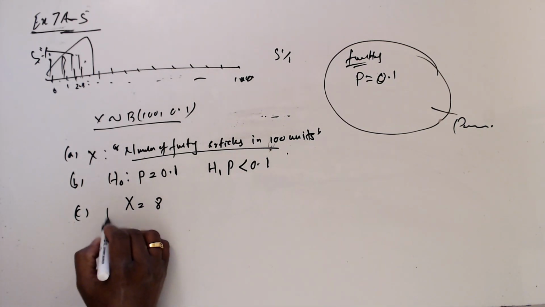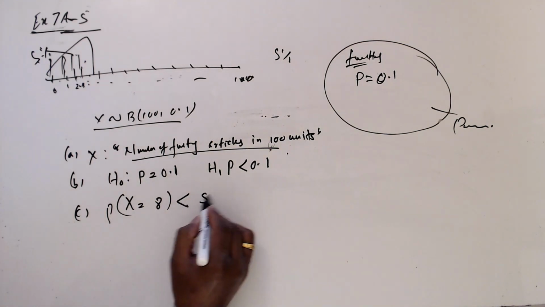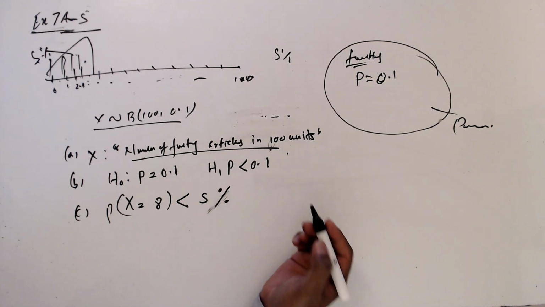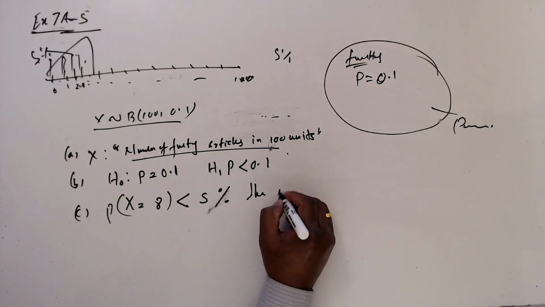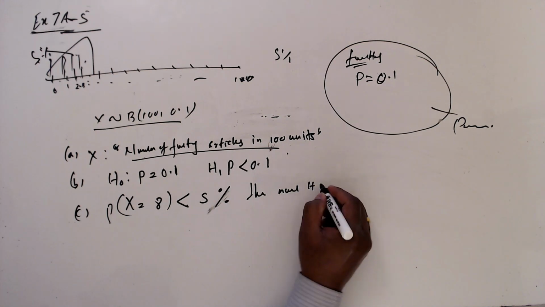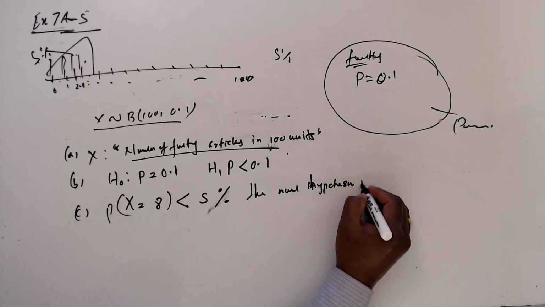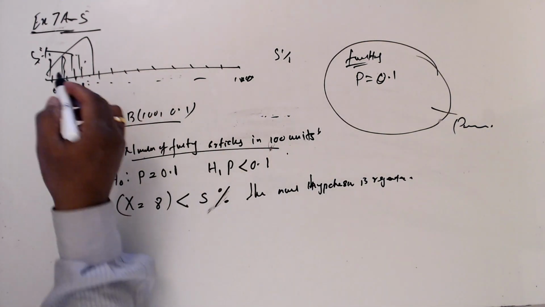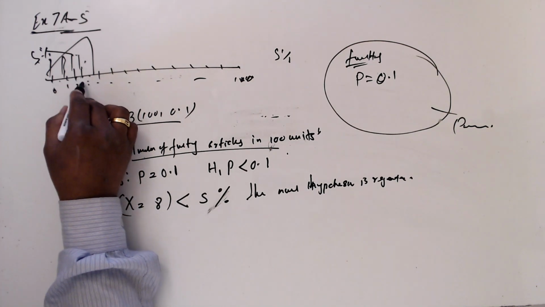Now this probability is less than 5%. 8 is within this 5%.